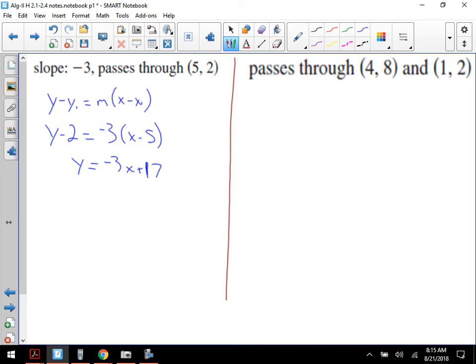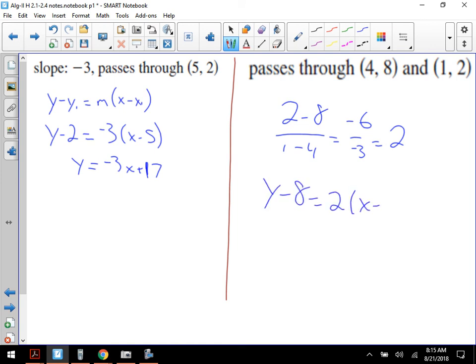On the other one, get your slope. You have 2 minus 8 over 1 minus 4. Is that -6 over -3? Slope of 2. Now, does it matter which of the ordered pairs you use? No, not at all. Either one, if you do the math right, you'll get the right answer. So we'll just use the first one here. y minus 8 equals 2 times (x minus 4). 2x minus 8, add 8, we get 2x.